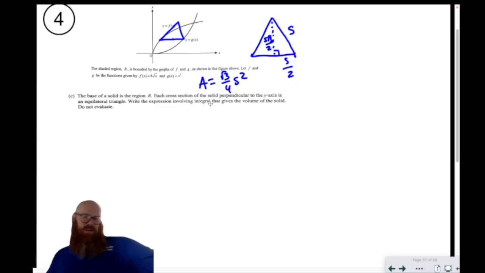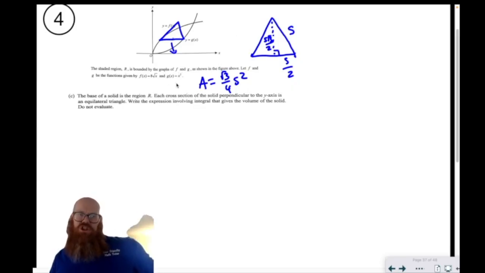Just again for this test, to be able to whip that out and say, okay, they are talking about the equilateral triangle, I know this is the area. Okay, so now what S is the side length? Well, that is g of x minus f of x. Well, we did this in the last problem. G of x, we would get x by itself.